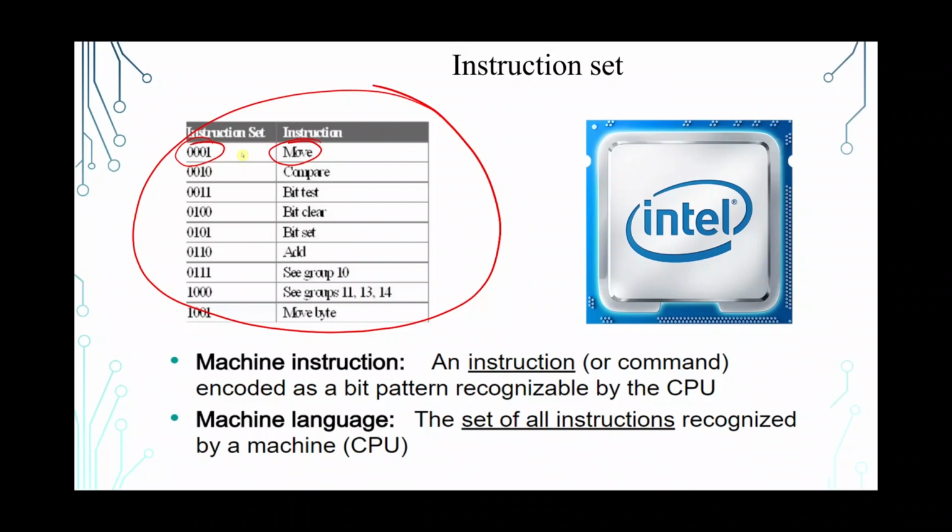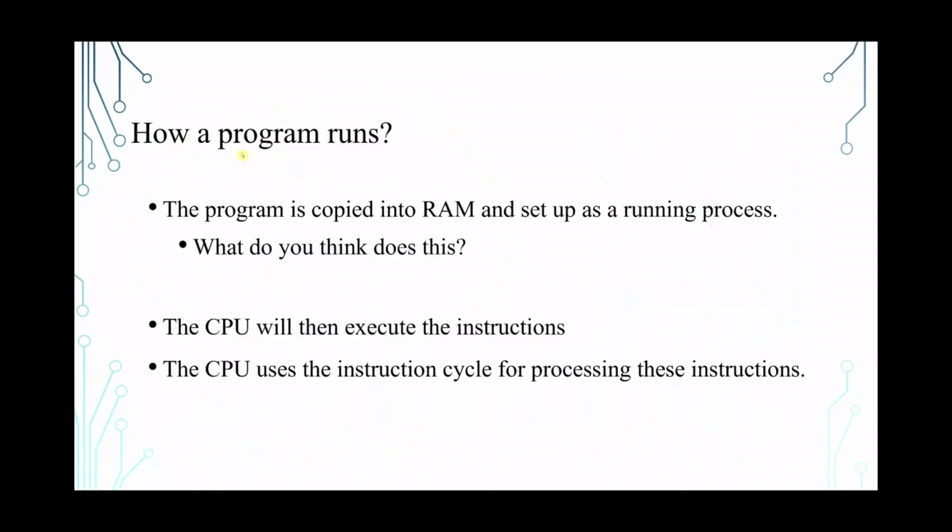So a machine instruction is an instruction or command encoded as a bit pattern recognizable by the CPU. Machine language, on the other hand, is the set of all instructions recognized by the CPU, because the CPU is the brain of the machine.